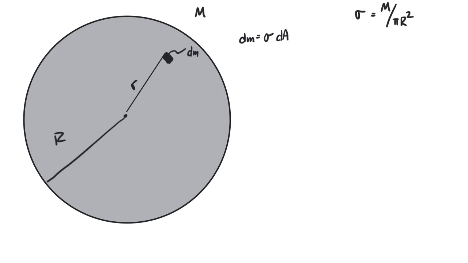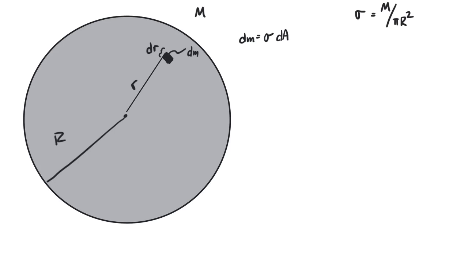Now I know I drew it on one side, and I did that on purpose, because I'm going to call this little distance here dr, right? It's a little increase in r to represent how big that one side is.